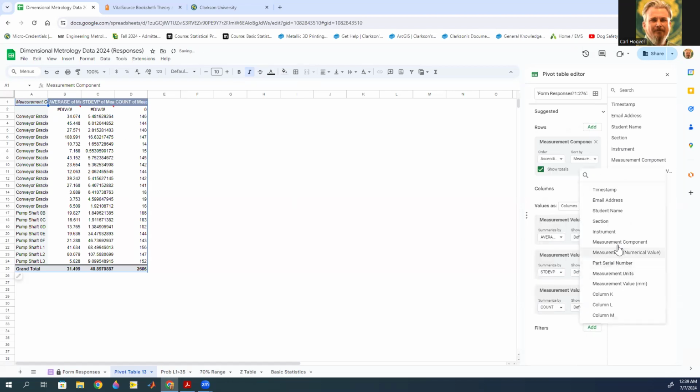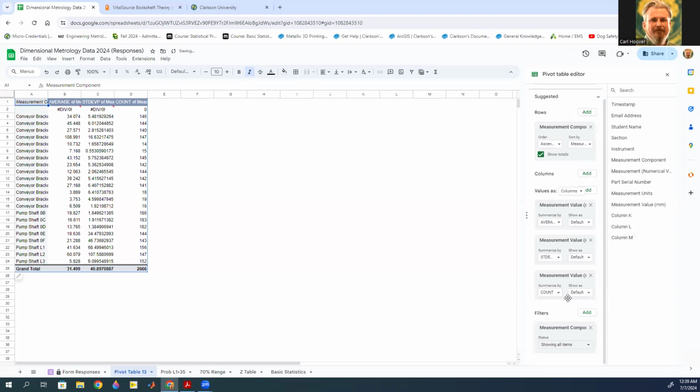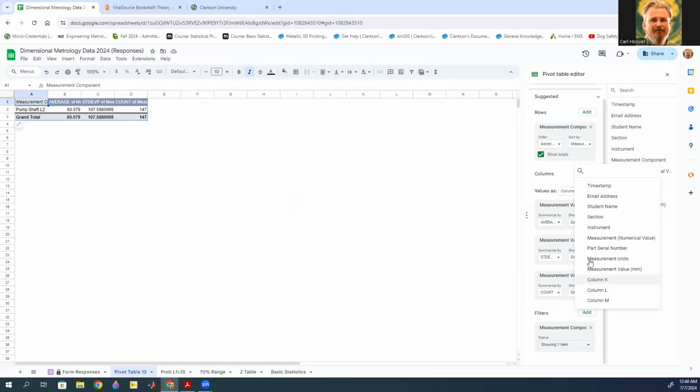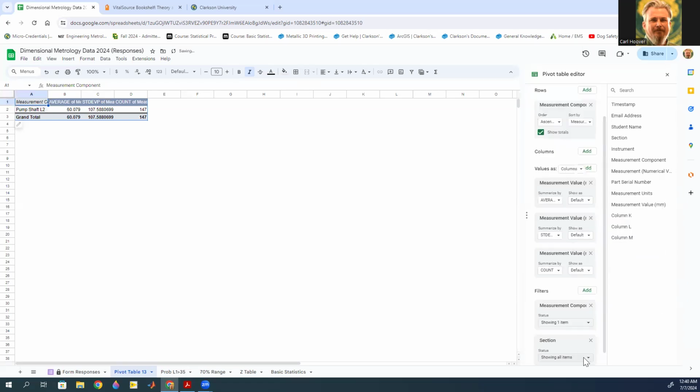We'll filter this data on measurement components, and we'll only show pump shaft length L2. And then we'll also add a filter for section, and we'll only keep section 10. So with that, we have our data here. We can get rid of the grand totals.